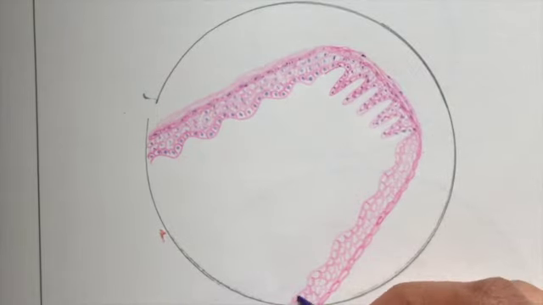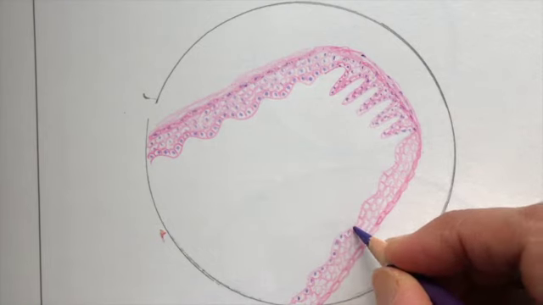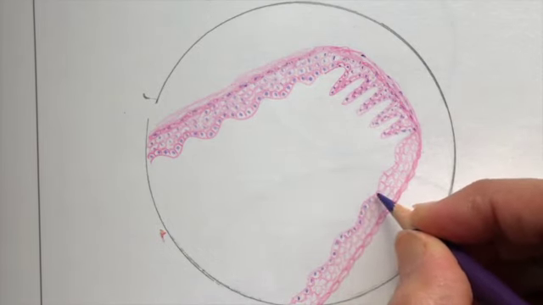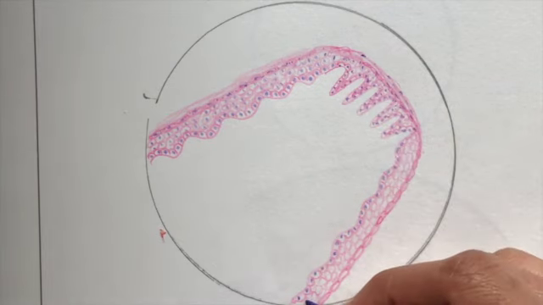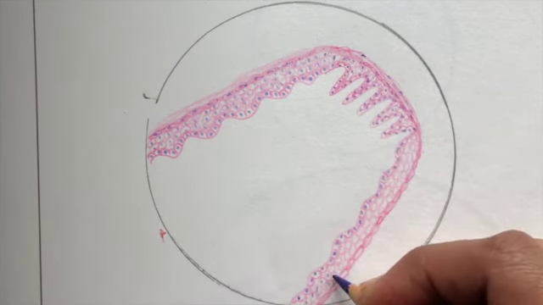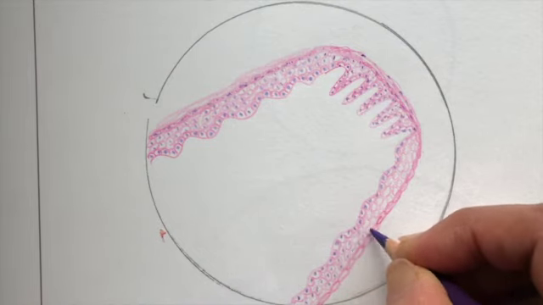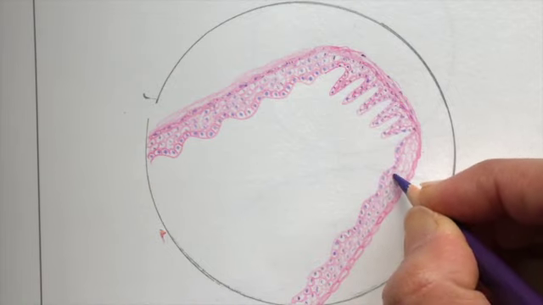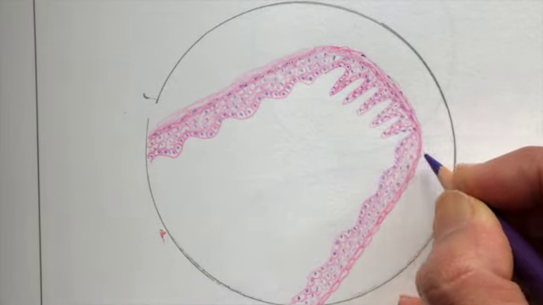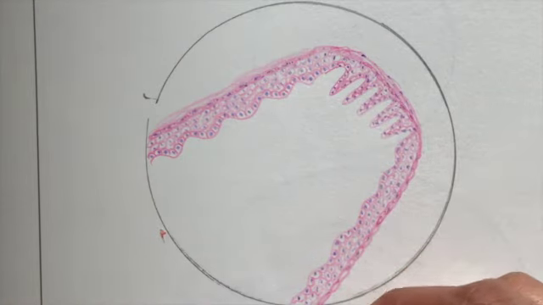And you draw the nucleus in all the cell layers, including the spinous layer, and on the surface layer, with slightly flattened cells. So this way we draw the epithelium.